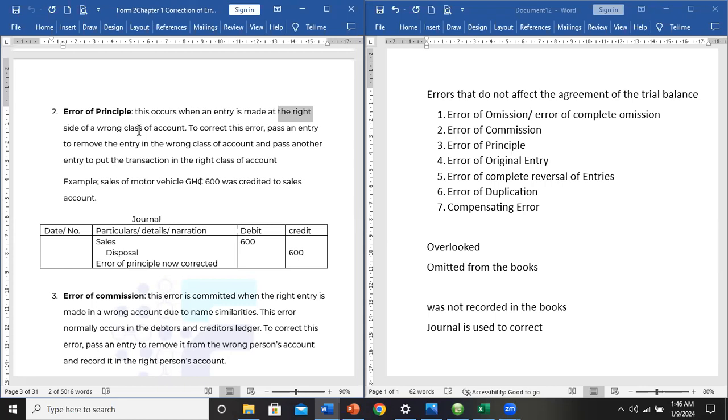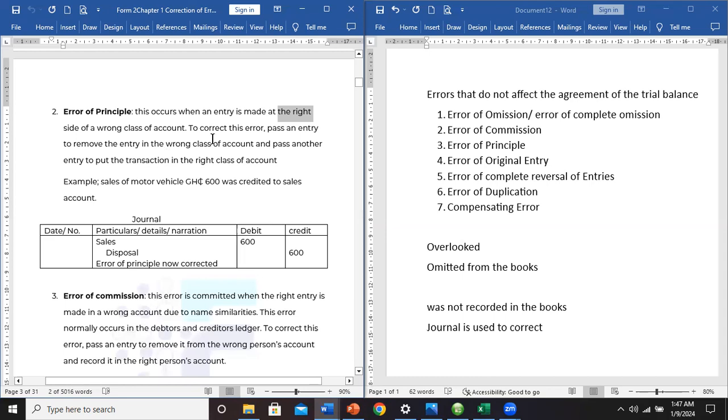Because if the business incurs an expense, it's supposed to be recorded in the expense account, not the asset account. So emphasis is on the fact that the entry was made in the wrong class of account. So if it is capital and you put it in a liability account, you have committed an error of principle.